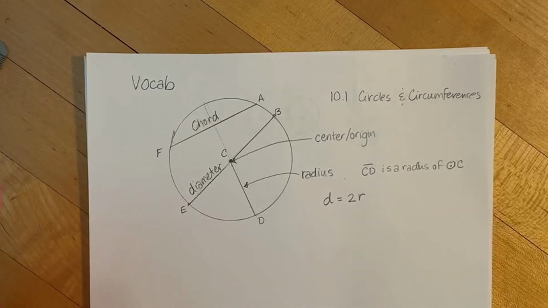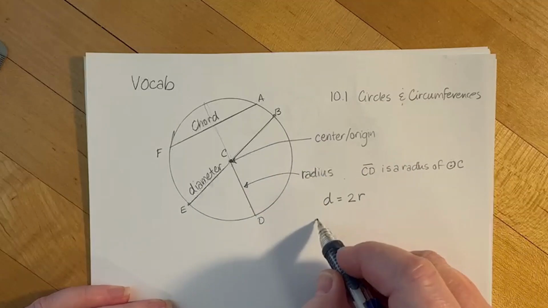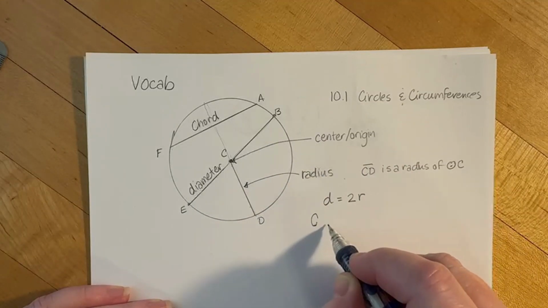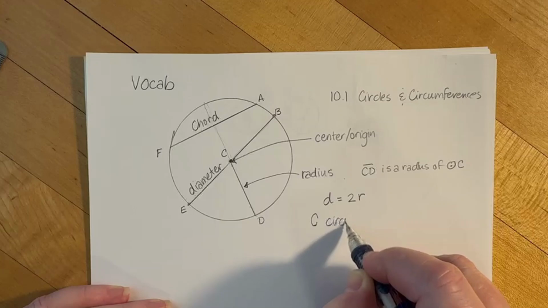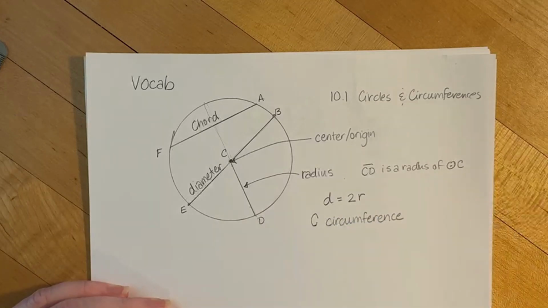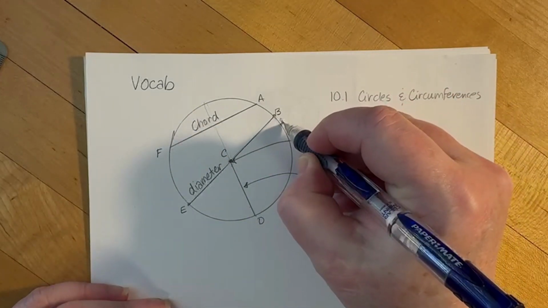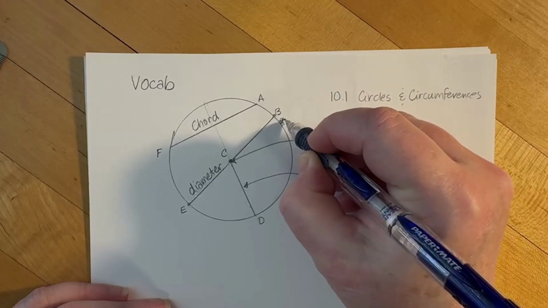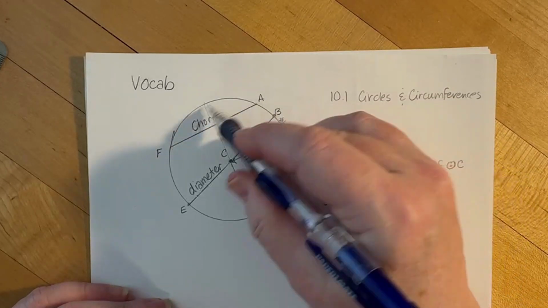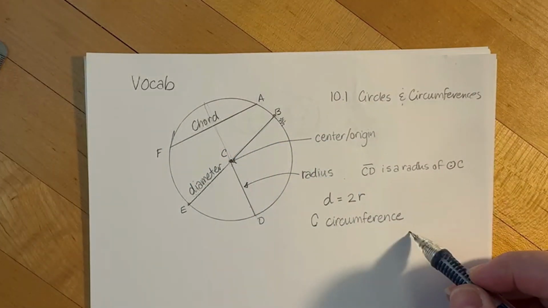Next, we want to talk about a special relationship involving the distance around a circle, which we call capital C, for circumference. You should have learned this already, but just in case you haven't: if I were a little ant, let's make a little ant with 6 legs, and I were to walk all the way around the circle, the circumference is the distance that I would be traveling.